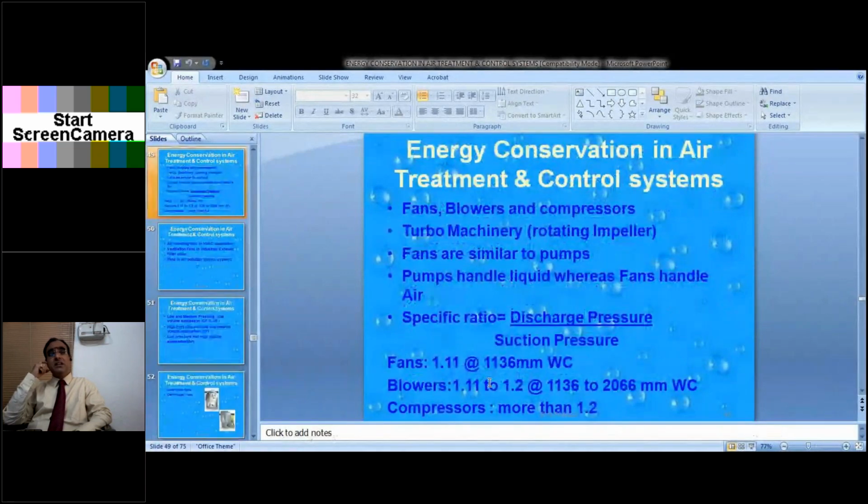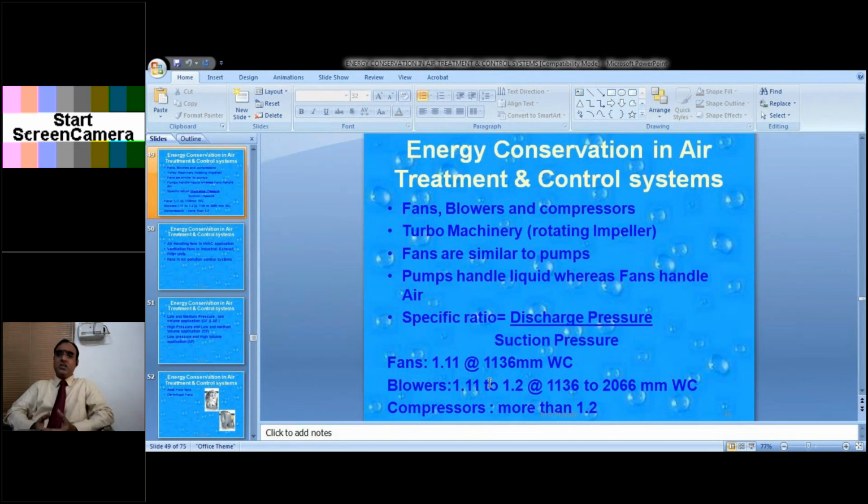So basically, what are fans, blowers, and compressors? All are turbo machinery, with rotating impellers. Fans are almost similar to pumps. Pumps handle liquid, whereas fans handle air. The specific ratio, as you know, is discharge pressure by suction pressure. Fans work in the range of 1.11 specific ratio at 1136 mm of water column.